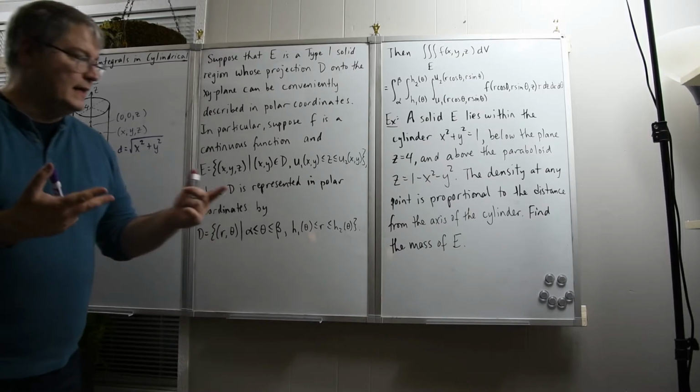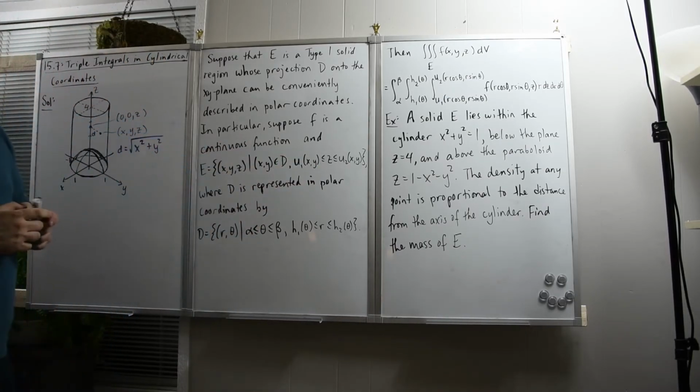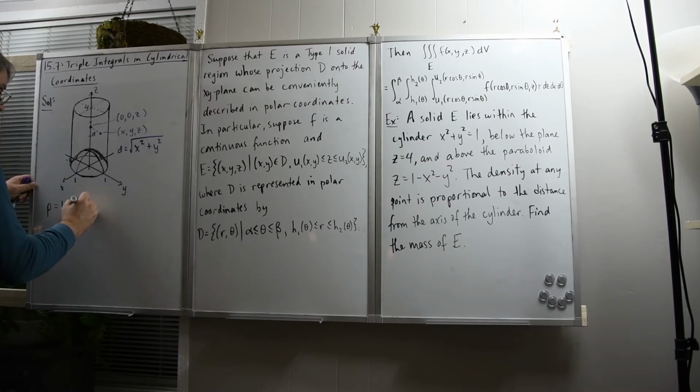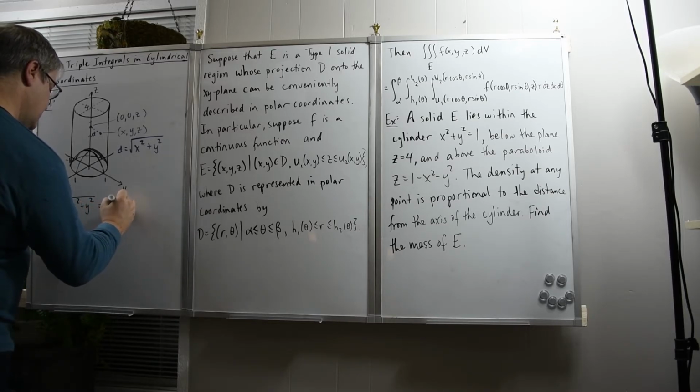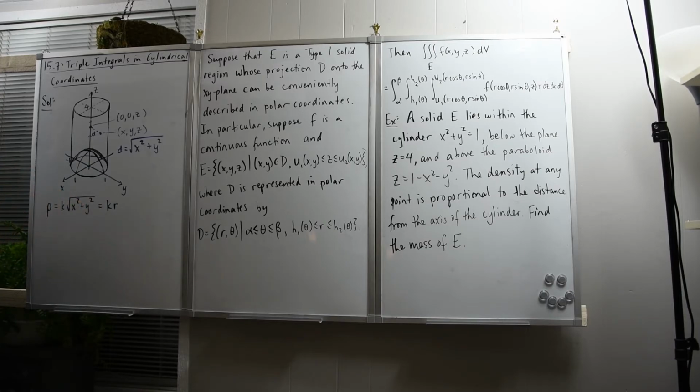And if the density is proportional to the distance from the axis of the cylinder, that means that our rho is going to be thought of as k times the square root of x squared plus y squared. Now, in terms of cylindrical coordinates, we know x squared plus y squared is the same thing as r squared. The square root of r squared gives us r, so we can think of our rho as k times r.